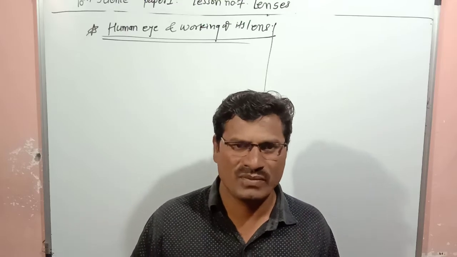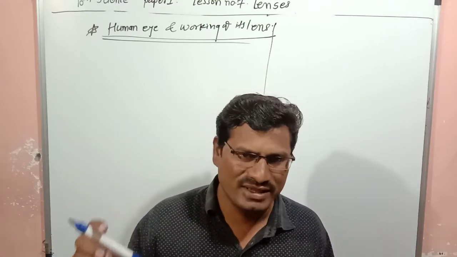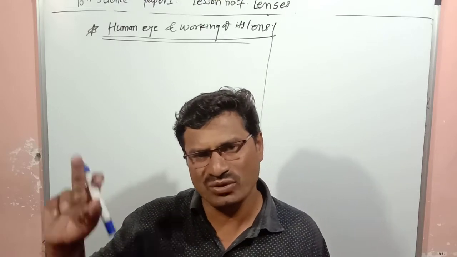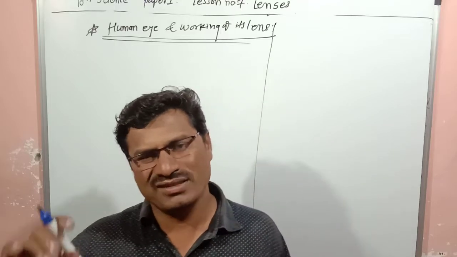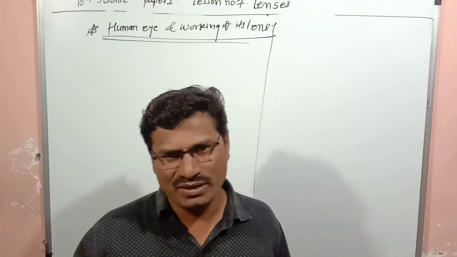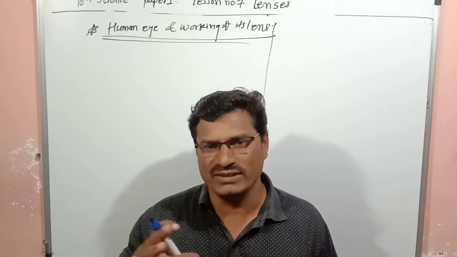The optic nerves produce electrical signals, which are carried to the brain. The brain is the last part, interpreting the information and giving us the information of that object as it is.